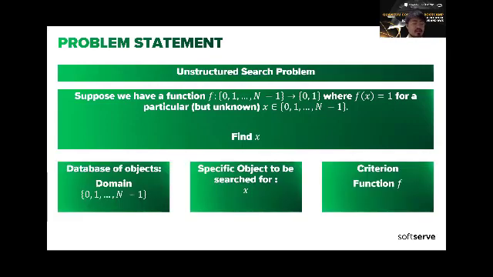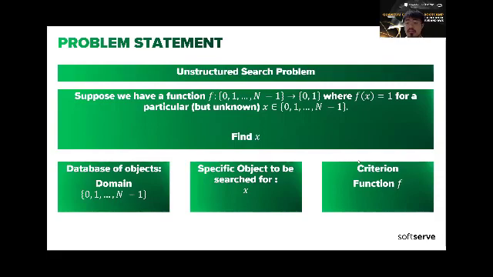To translate it into the terms I put previously, the database of objects is the domain, from 0 to n-1. The specific object to be searched for is x, and the criterion will be f.